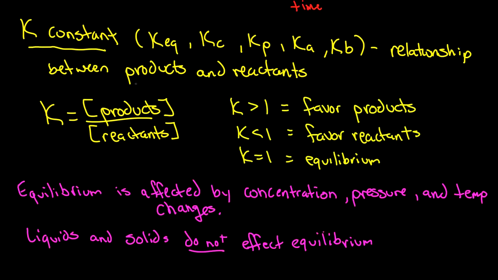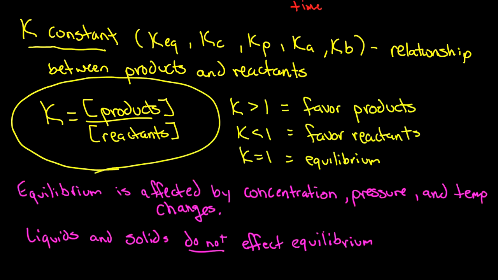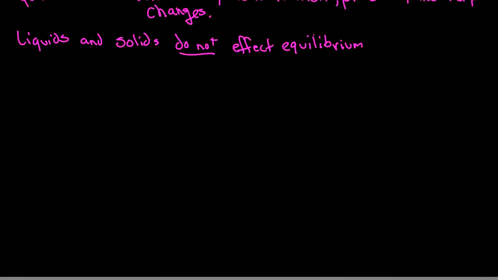Before we move on to actually solving equilibrium problems, we need to go a little bit more in detail about this formula. Because like I said, this formula right here is a formula for a formula. Let's say I had an arbitrary, just made up reaction.